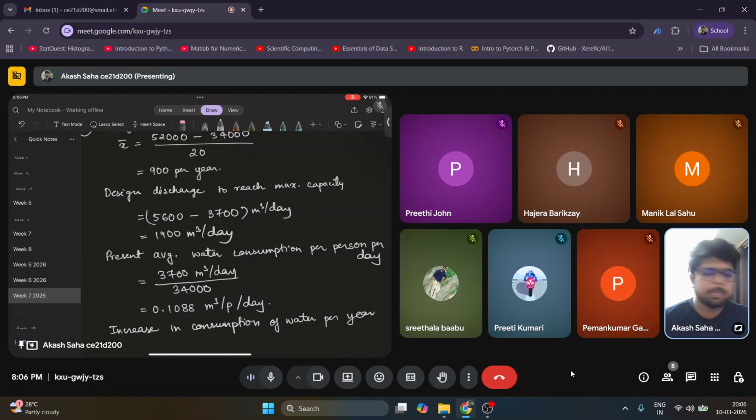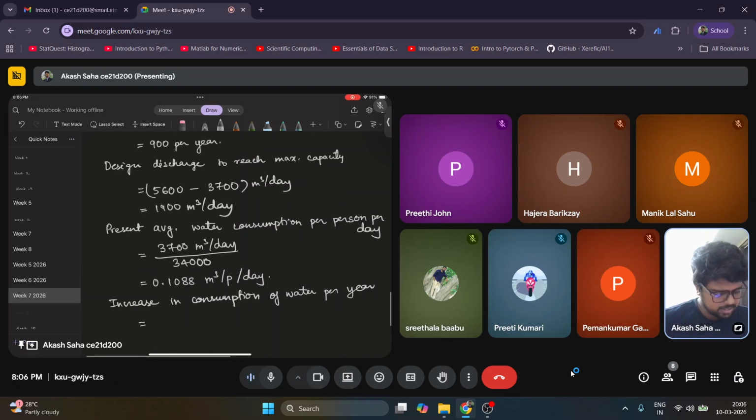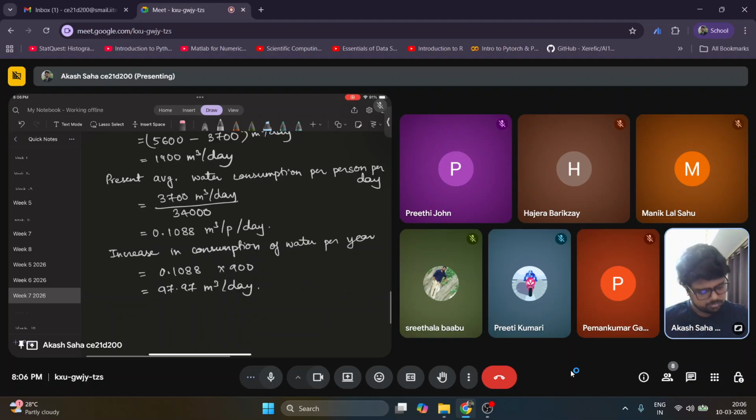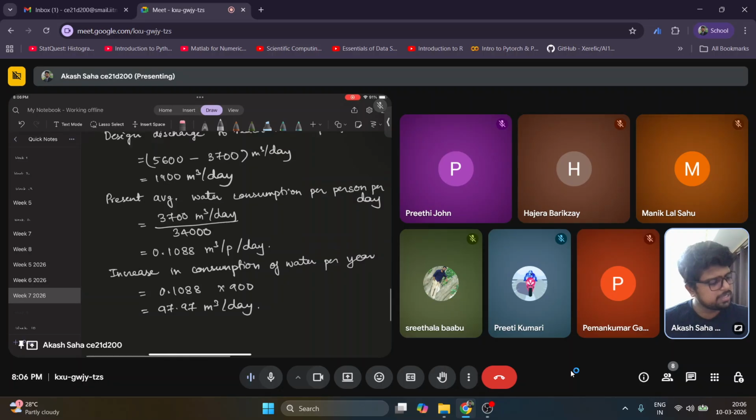Per year 900 people are increasing, so it is 0.01088 into 900. We need this much meter cube per day more. Now the final thing: we can go only up to 1900, and this much is increasing per day.